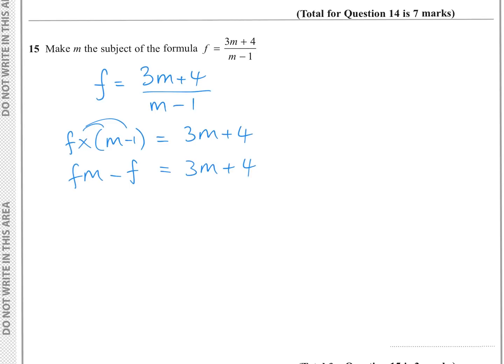And the way of doing these type of questions is to try and isolate the m terms on the same side. So it doesn't matter which side I choose here. I'm going to just take 3m from both sides to get them both on the left-hand side. Then I'm going to add f to both sides.